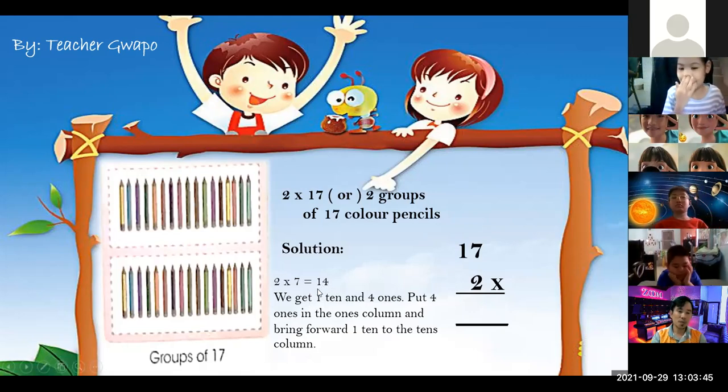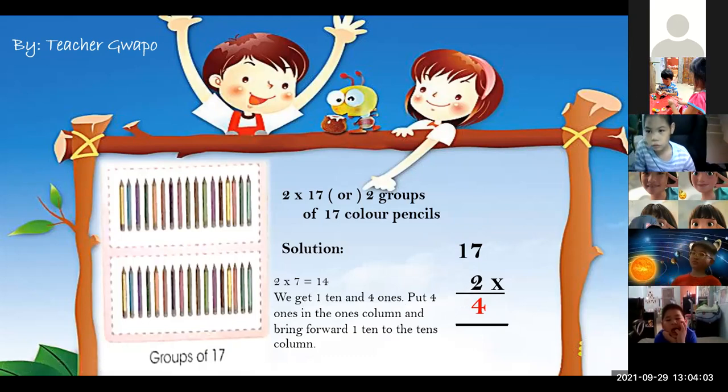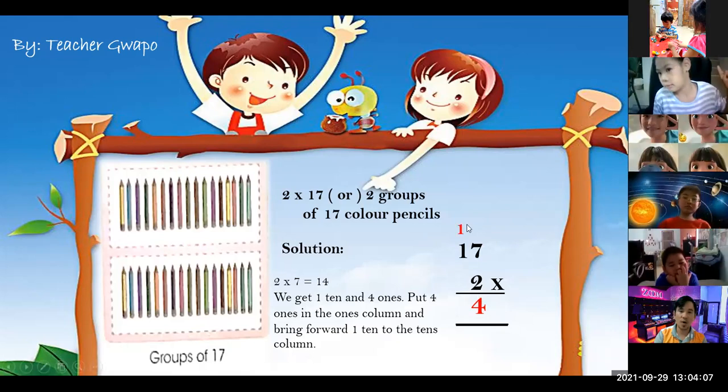So we get 1 ten and 4 ones. We put the 4 ones in the ones column, which is the column for the ones place, and then bring 1 ten to the tens column. So you write the 4 ones here and 1 ten here in the tens column.